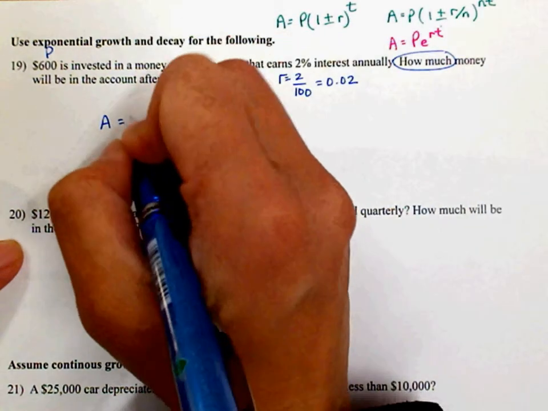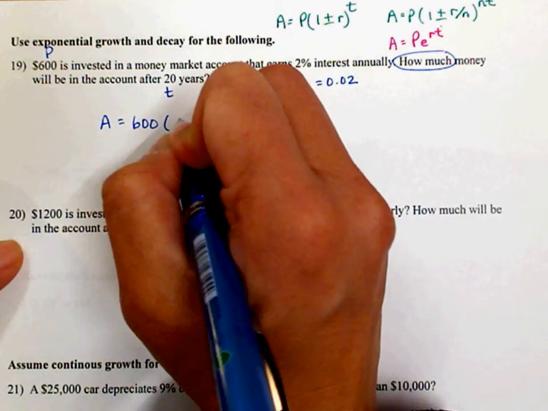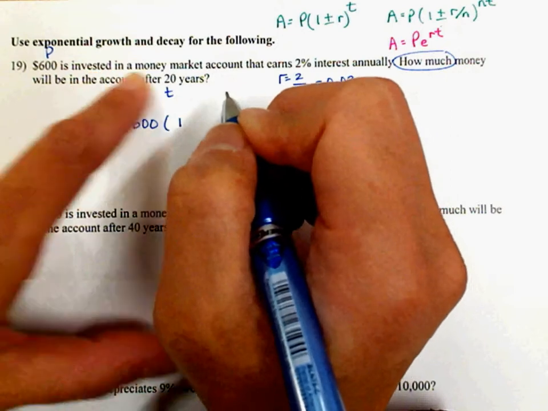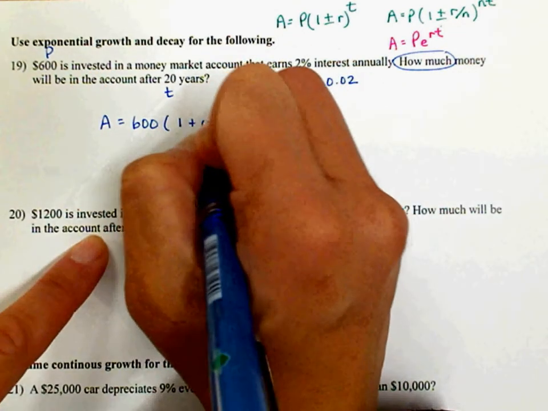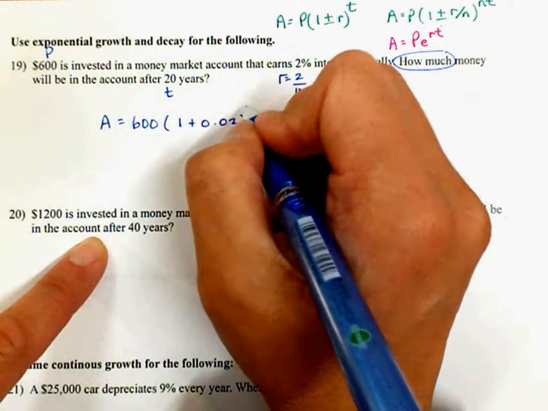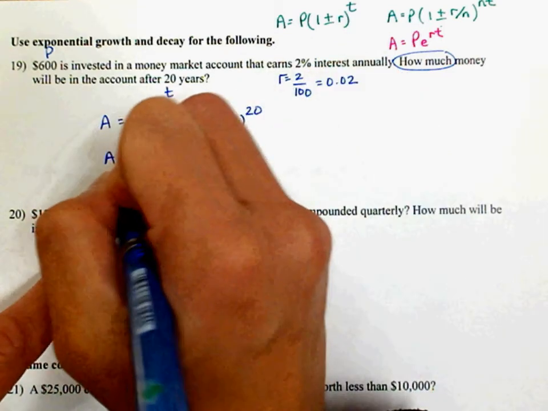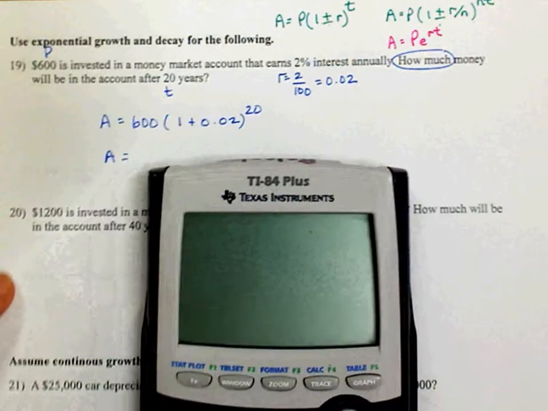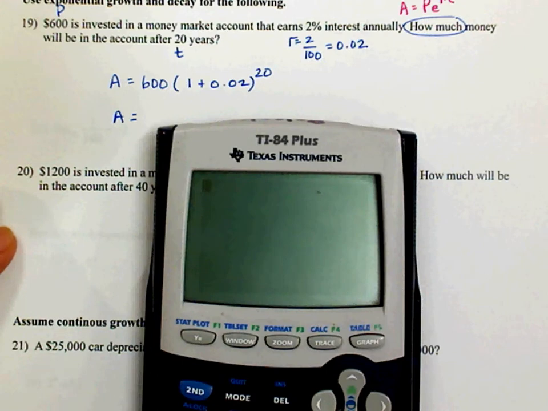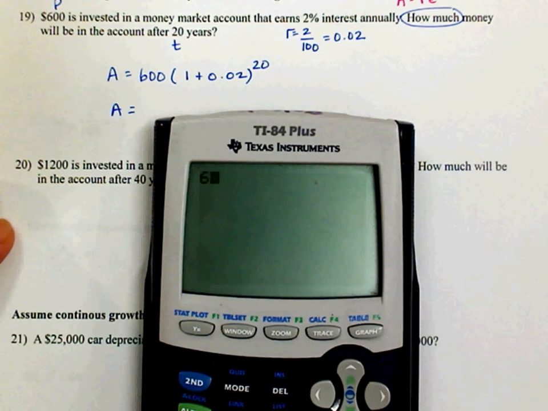So your principal is $600, times 1. It says investing, so I'm earning, plus 0.02 raised to the 20. You just type it in the calculator: 600 parentheses 1 plus 0.02 raised to the 20 years.